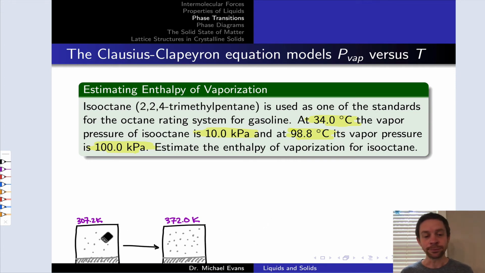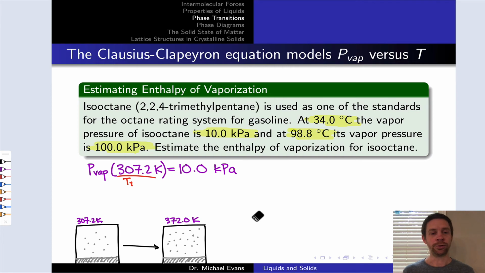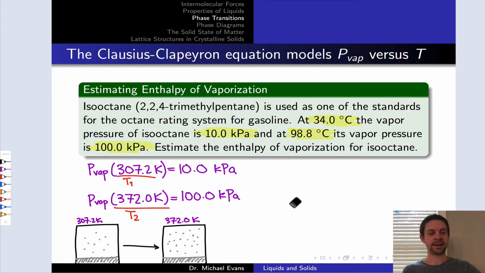And basically the difference between these two situations can be used to estimate the enthalpy of vaporization. So let's lay out what we know. We know the vapor pressure at T1, 307.2 Kelvin, is 10 kilopascals. The vapor pressure at 372.0 Kelvin, or T2, is 100 kilopascals. And I know the Clausius-Clapeyron equation.